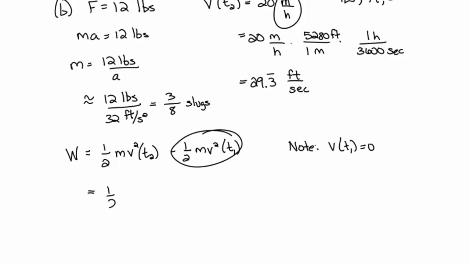All we need is the first piece. The mass is going to be 3/8. And the velocity is 29.3. Again, that's feet per second, and then squared. And that's approximately equal to, let me just pause this, 161.3, and this will be in foot-pounds.